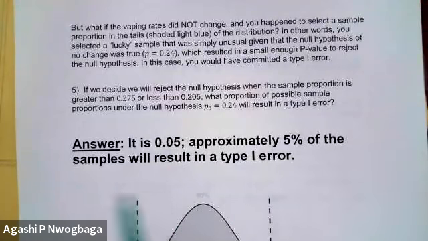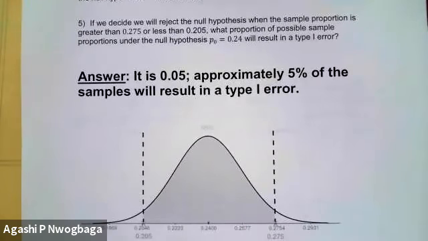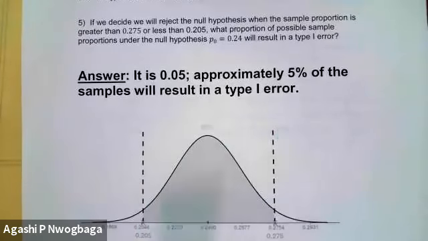Approximately 5% of the samples will result in a type 1 error. And I brought the graph here again. So we see it, this is 95%. So the leftover is 5%. From this to that is 95%. What is left is 5%, 0.05.